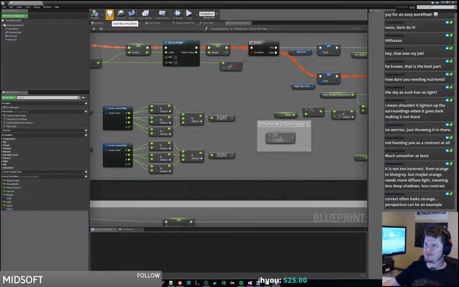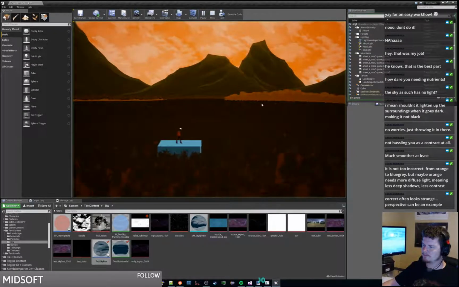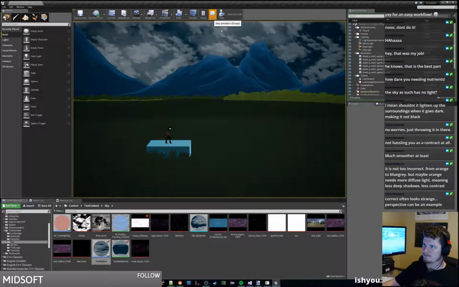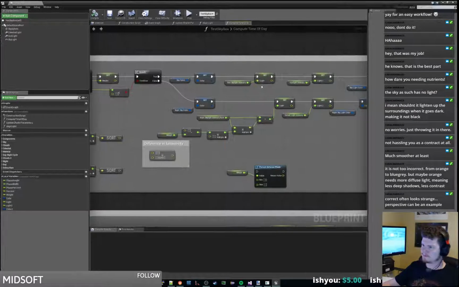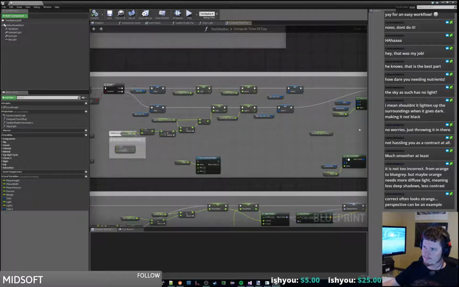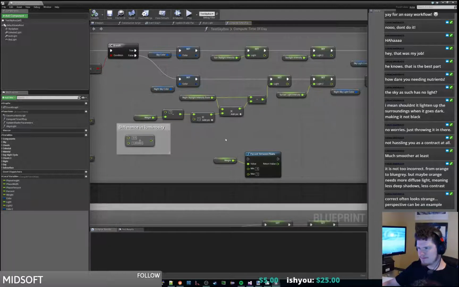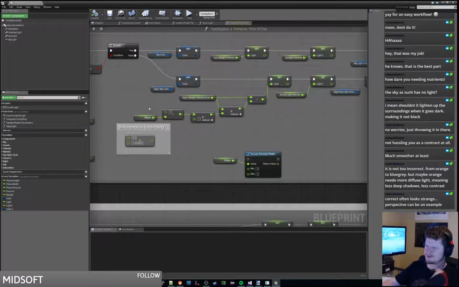Well, let's just compile this out and see if it visually looks anything like what we expect it to be. No, it doesn't. Is it the opposite?